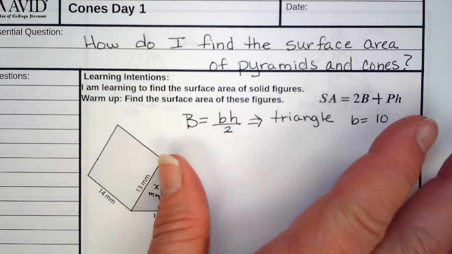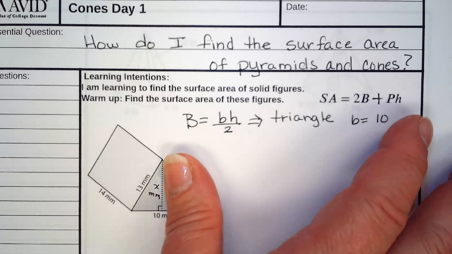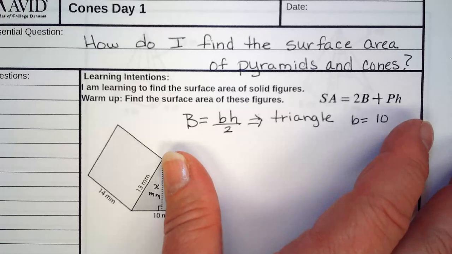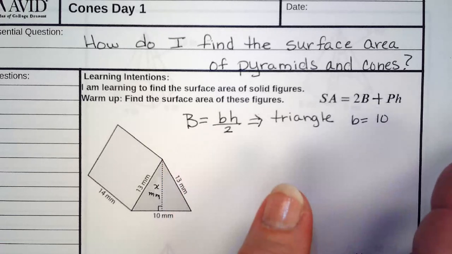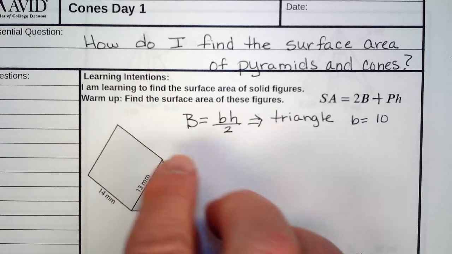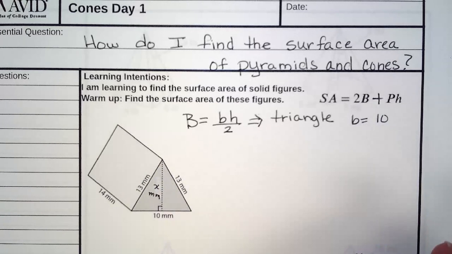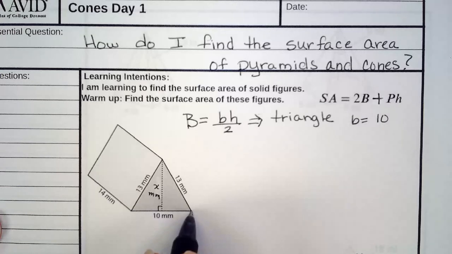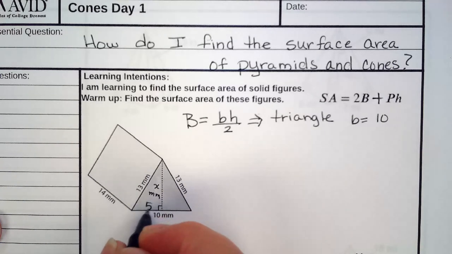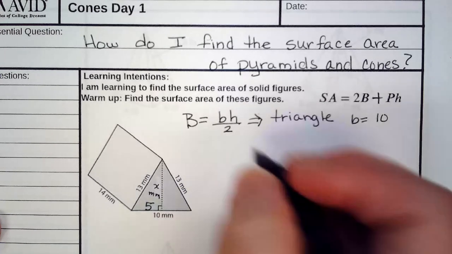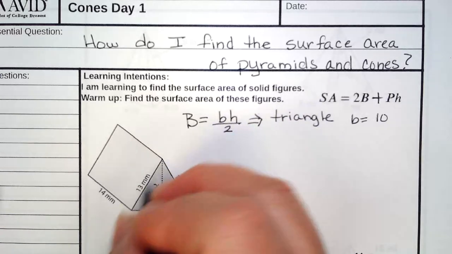If you look hard, you will see that that altitude divides the triangle into two congruent, in this case because it's isosceles, two congruent right triangles. And if we've got right triangles, whose theorem can we use? The Pythagorean is correct. If the whole thing is 10, this piece is 5. This is my height. This is my hypotenuse.